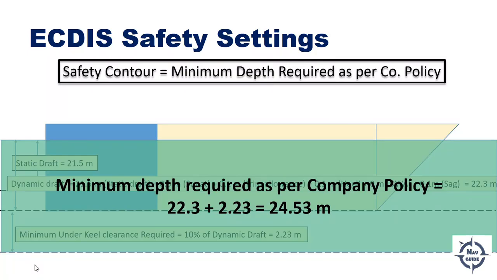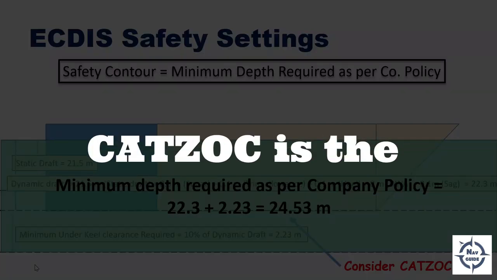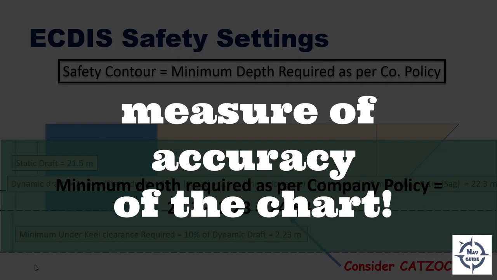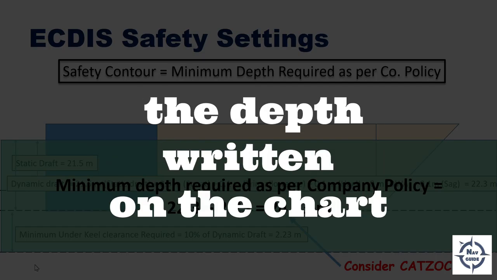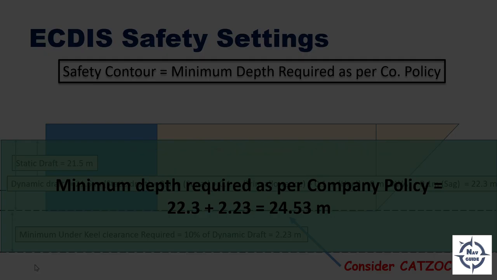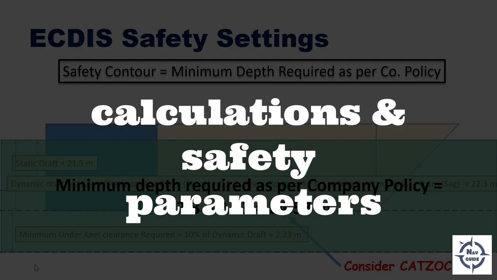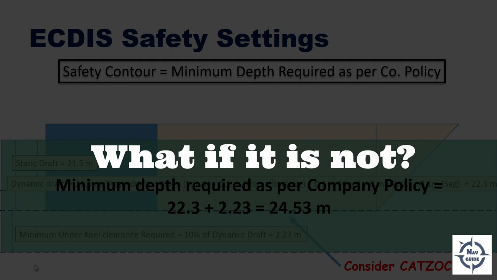There is another thing to consider over here, and that is the CATZOC. What is CATZOC? CATZOC is essentially the accuracy of the chart. So think about this. We are considering that the depth written on the chart is accurate, and we are basing all our calculations and safety parameters based on that. What if it is not?